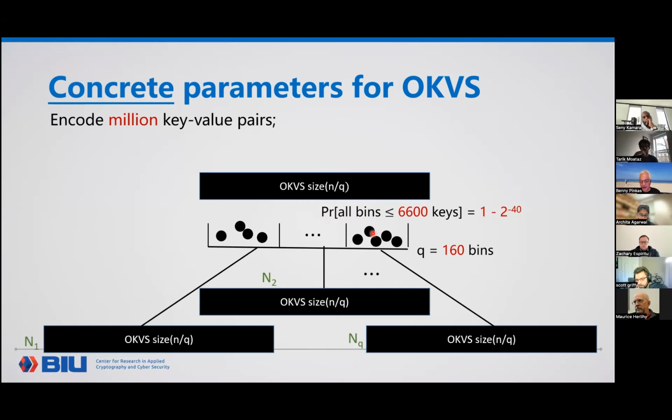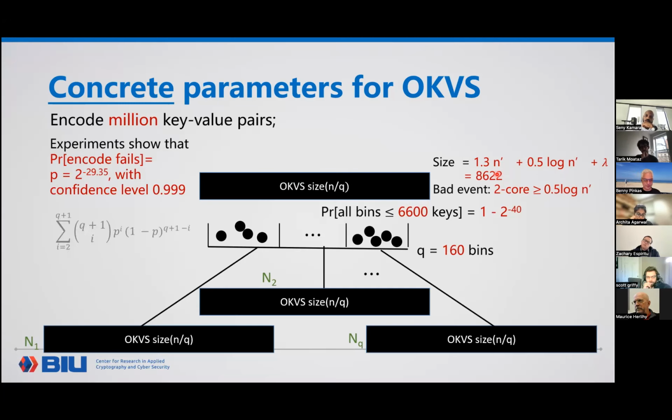Like we map 1 million items to 160 bins, you can verify that you're not going to get in a bin more than 6,600 keys with this probability. This is something you can actually calculate. And then for each bin, we only have at most 6,600 keys. And the bad event is that the bin is going to have more than log n items in it.